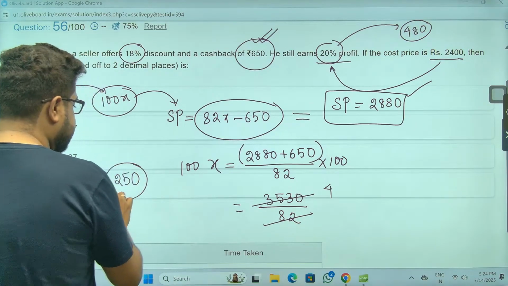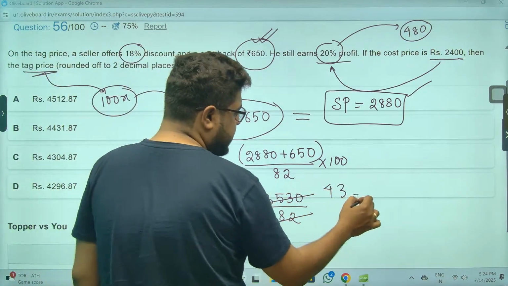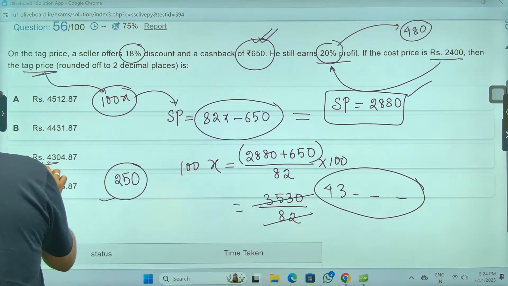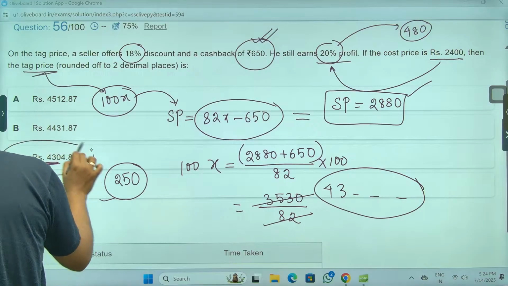So 83 threes, so again, 43 point something will be the answer. Check, sir, 4, 3, look. Only one option has 4, 3. So that has to be the answer.